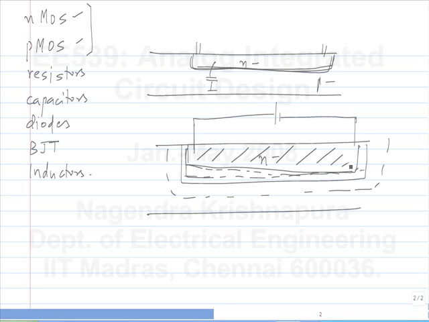If you plot I versus V, you will not get a straight line, you will get something else. That's also a big problem, because you use resistances in many cases where you want a linear V to I behavior, and in this case you don't get it. So the problems are parasitic capacitance and nonlinearity. But you can use it because the resistivity tends to be large, and in many processes, that's the only kind of resistance that's available.